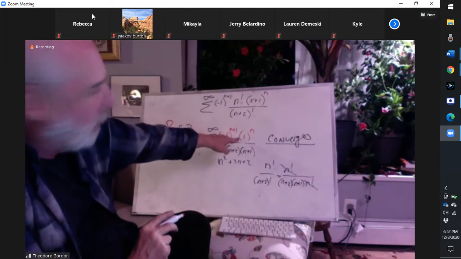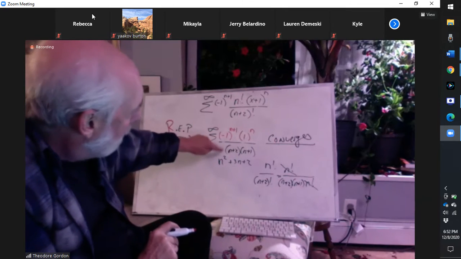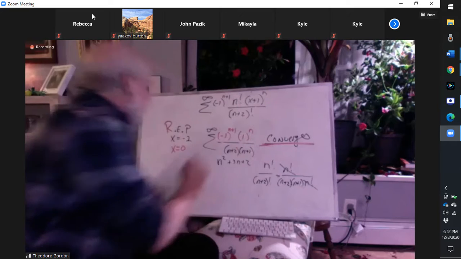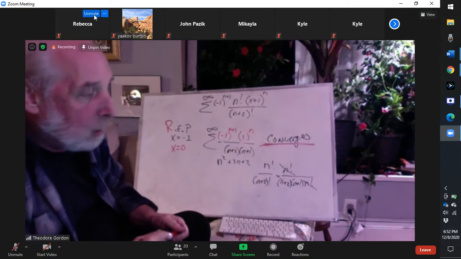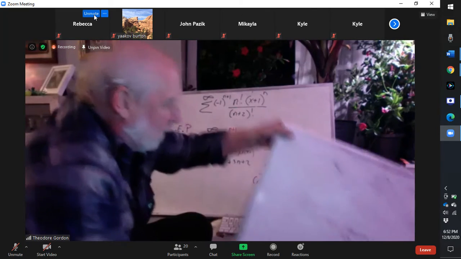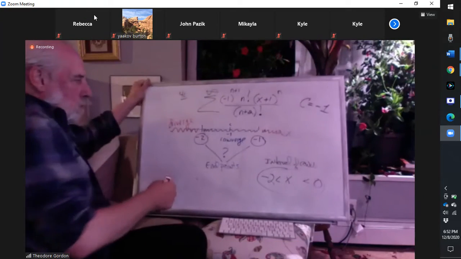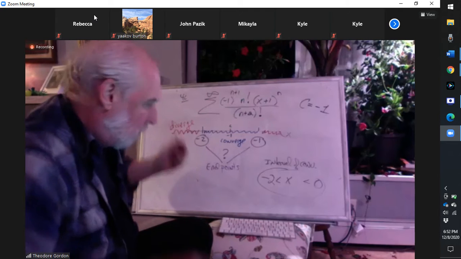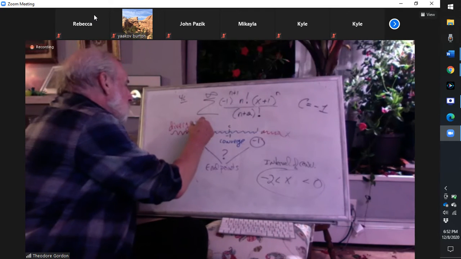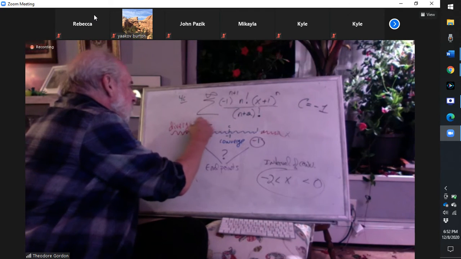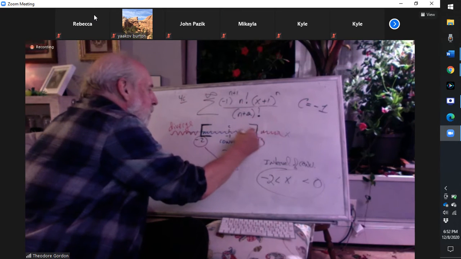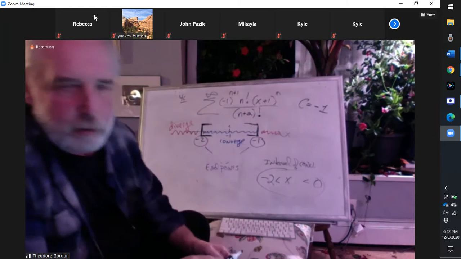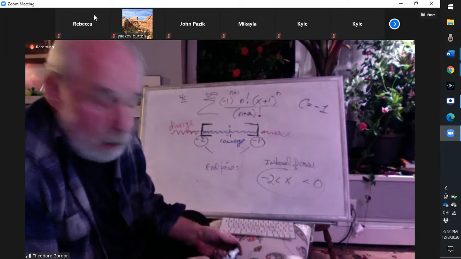So this just stays an alternating series on top, but the denominator is still n squared, so it also converges at the right endpoint. So our final answer to this question is, I use a square bracket to say that it converges at those numbers. And that would be the final answer to that question, that picture.